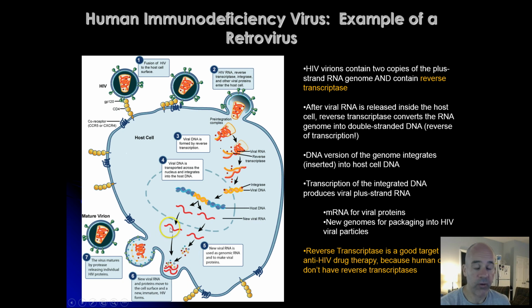Some of these RNAs are also going to be the new genomes, because we have RNA genomes inside HIV. You assemble all of those things together, and then HIV pushes itself through the host cell membrane. It buds at the cell surface, and eventually we have a mature HIV virion. So then that's able to move along and spread and find new host cells.